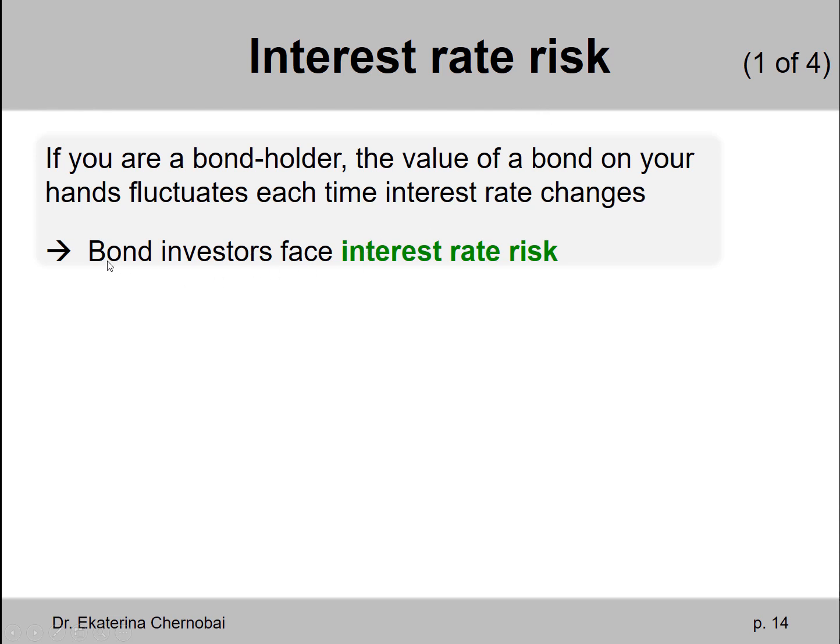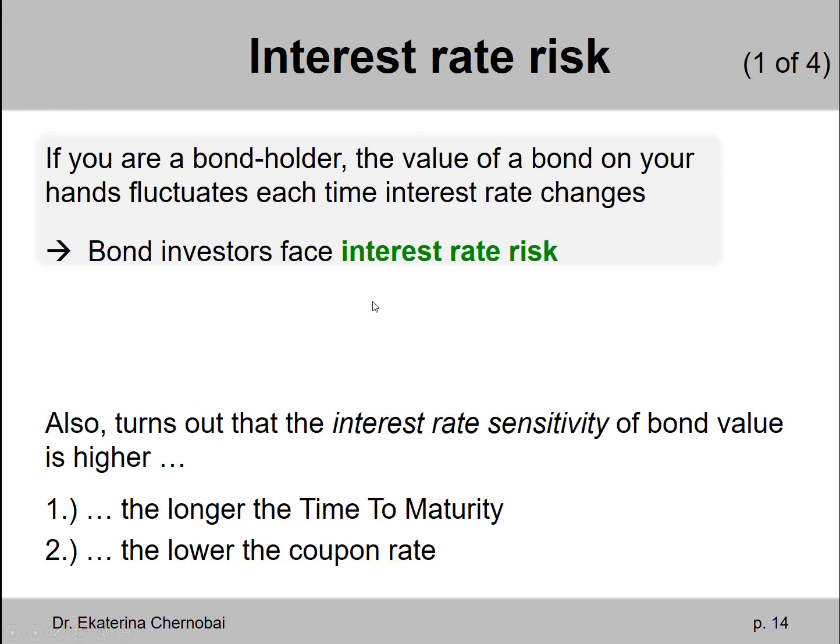So people who buy bonds issued by corporations or governments face this so-called interest rate risk. It's the fact that the value of the bonds on their hands will be fluctuating whenever interest rates change.